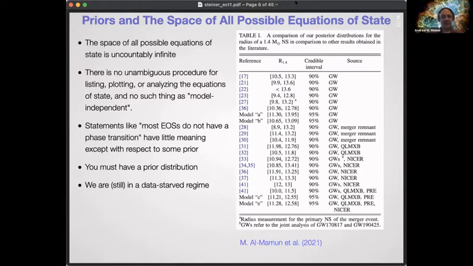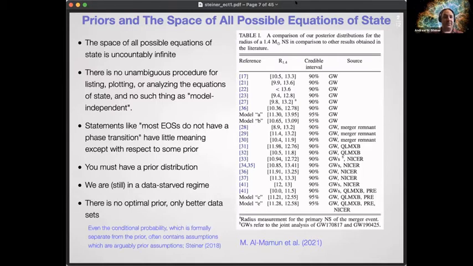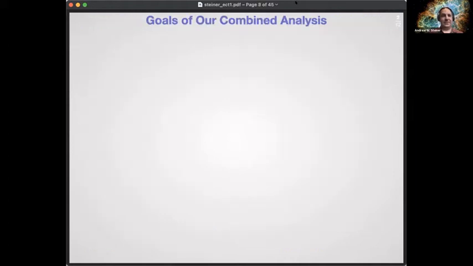One way to do this is to use a prior distribution. There's no optimal way of doing this. Every theorist has their own favorite way of looking at the data, and their own prior beliefs. Really, the thing that always wins is better data sets. I'm always excited about more data.